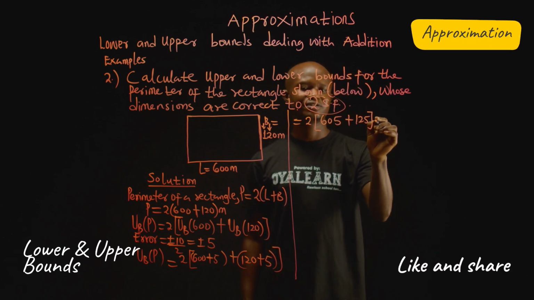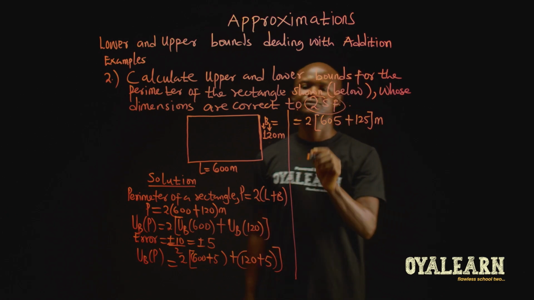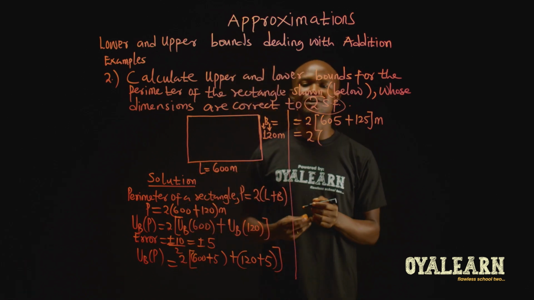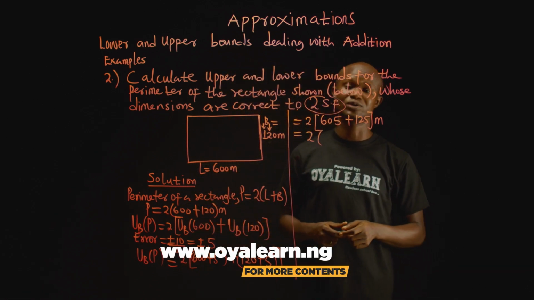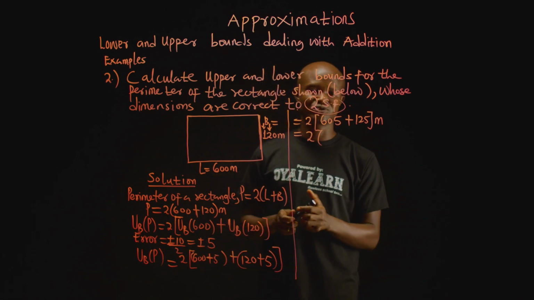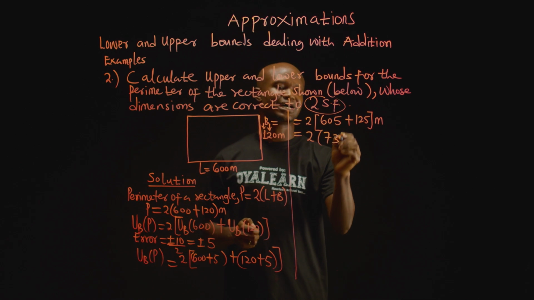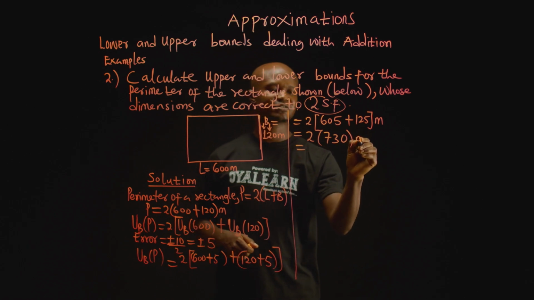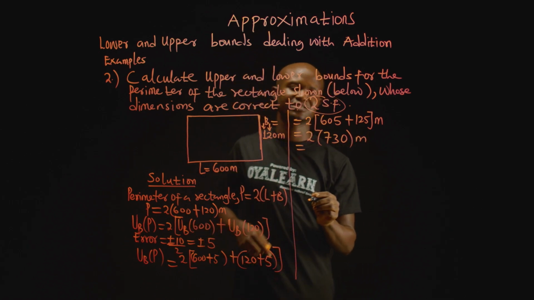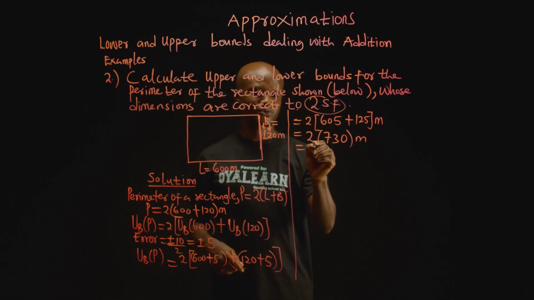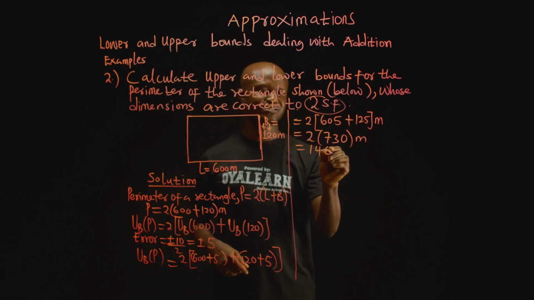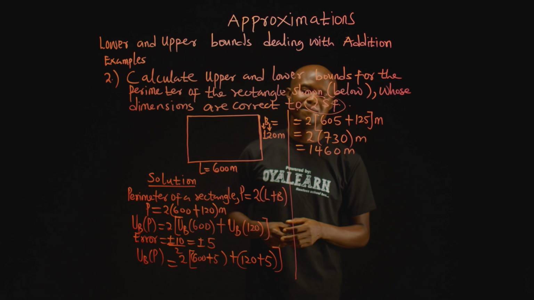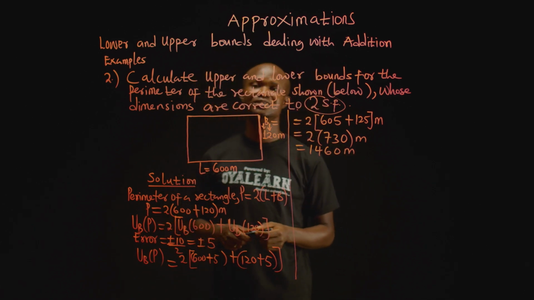Don't forget the unit, meters. So 605 plus 125 will give us 730 meters. So 2 times 730 will give us 1460 meters. That is the upper bound of the perimeter.